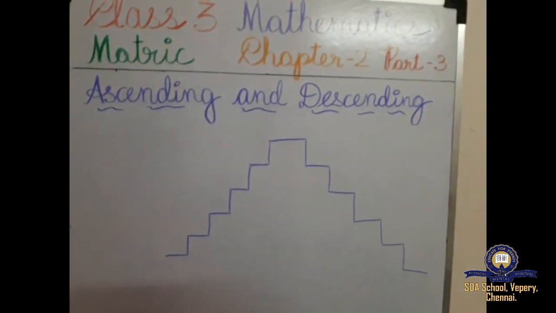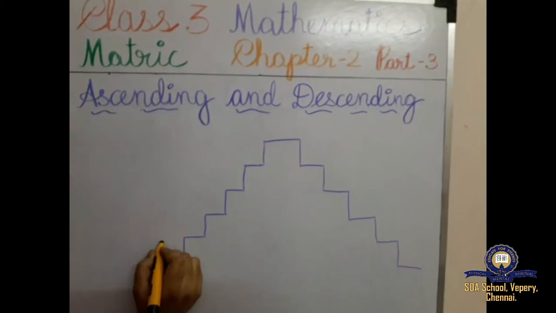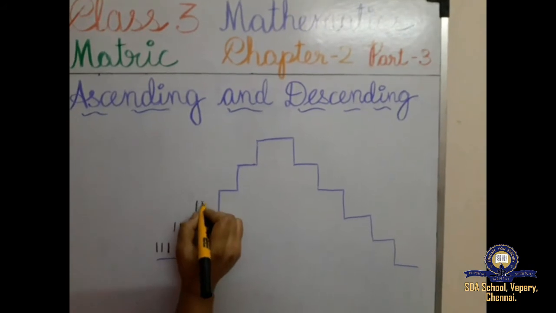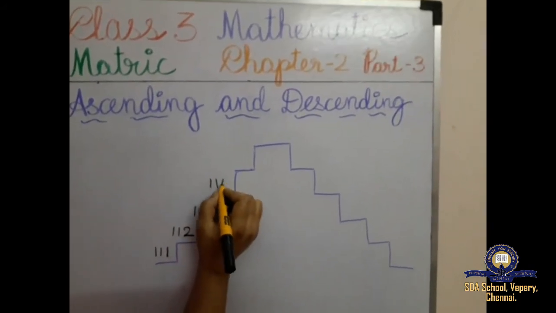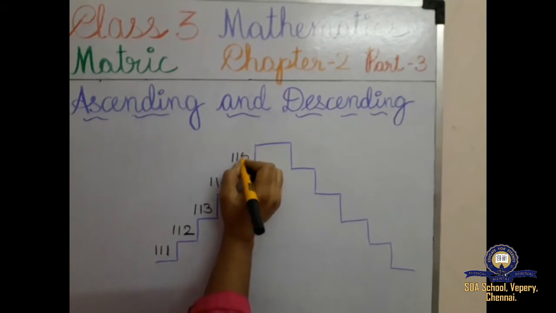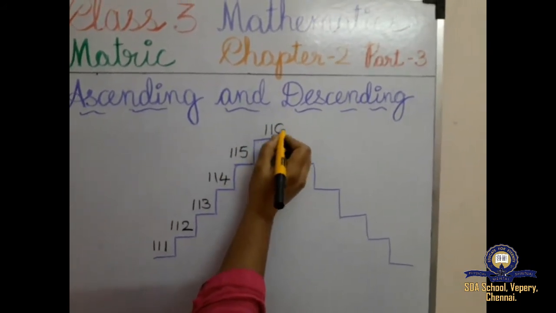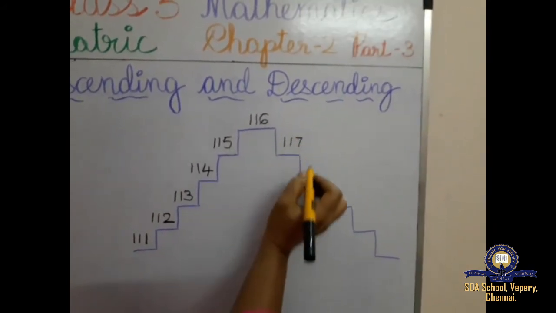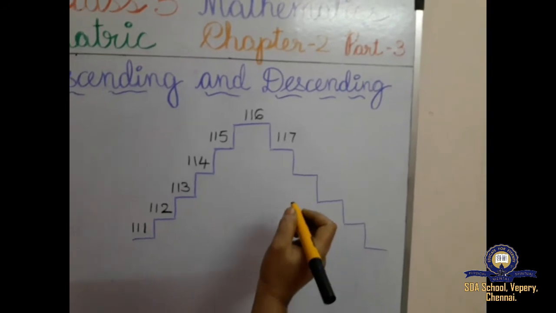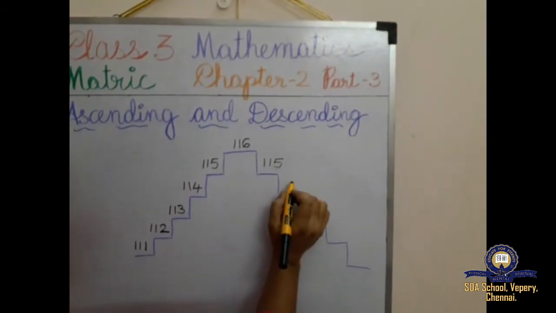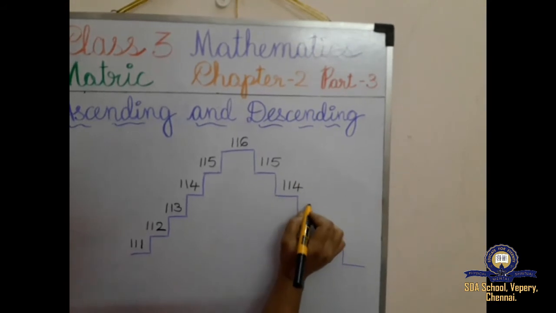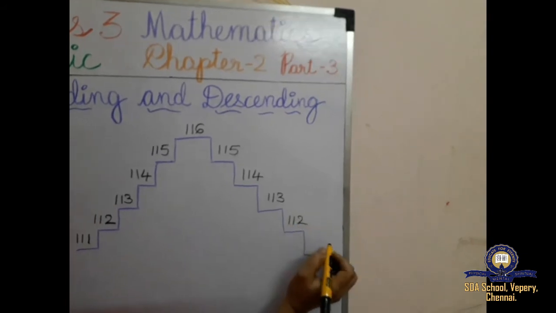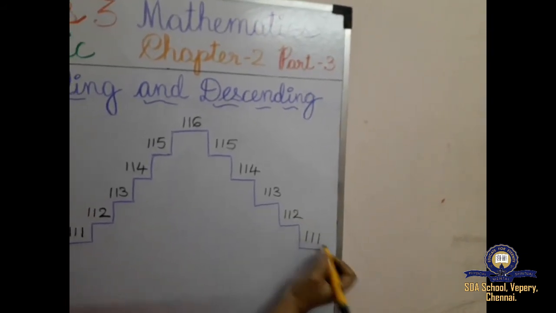For example, I'll be writing few numbers, just observe. 111, 112, 113, 114, 115, 116, 117, then 116, 115, 114, 113, 112, 111.